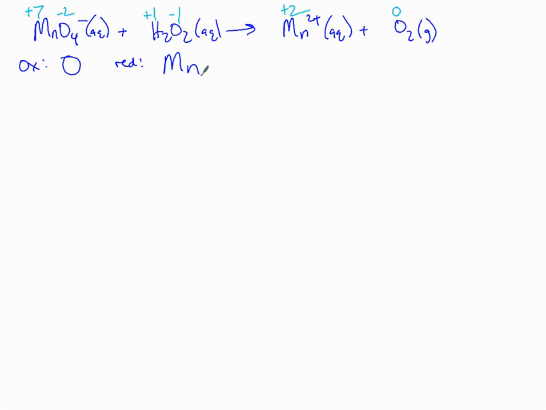Step 2, write the oxidation and reduction half reactions. So the oxidation half reaction has to do with the oxygen itself. So the things where oxygen shows up, let's see here.